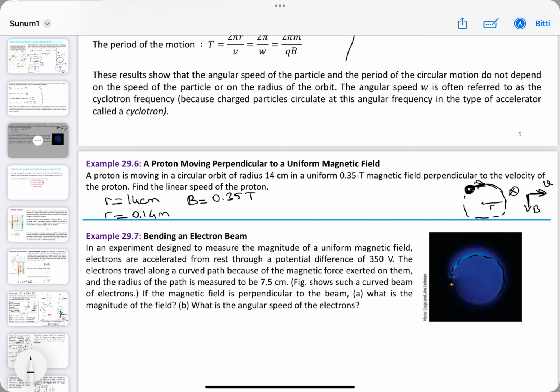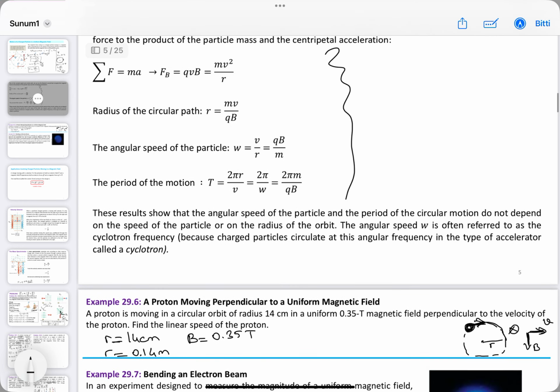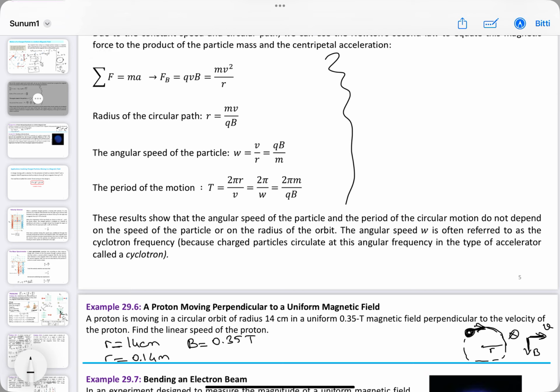How can we find the linear speed of the proton? It is quite easy. If you remember the formula, you can just find the velocity. Which one should I use? What's your idea? Maybe we can come back here. If they give mass and charge, and also magnetic field, I already know r, I can find the velocity, right?